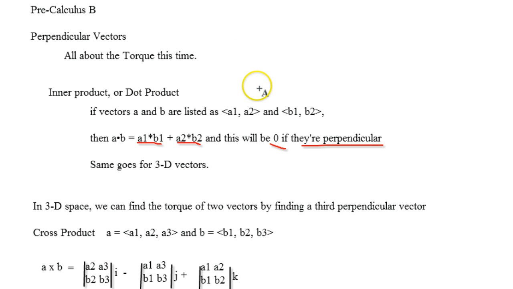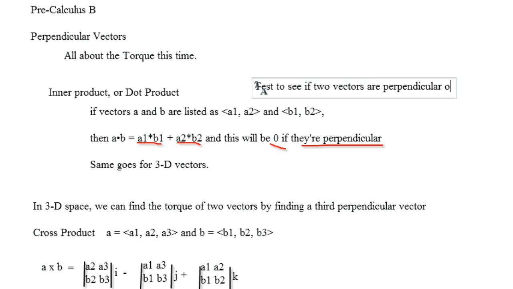This is how you test perpendicularity, whether two vectors are perpendicular or not. If it's not 0, then it's definitely not perpendicular.